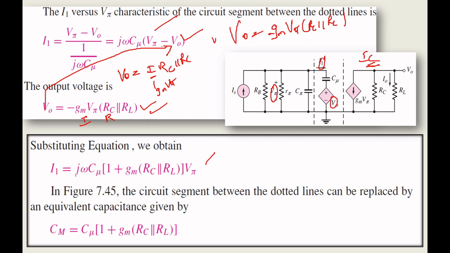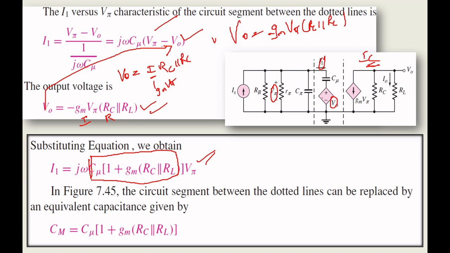You will get I1 equal to j omega C mu into (1 plus gm RC parallel to RL) V pi. So this is the Miller's capacitance. Very interesting part. What is CM? CM is nothing but C mu (1 plus gm RC parallel to RL).